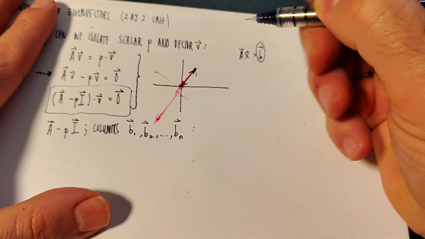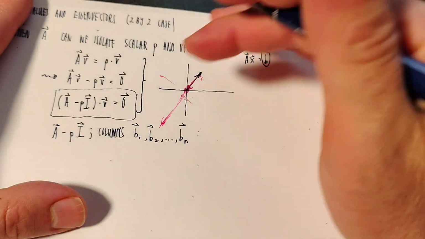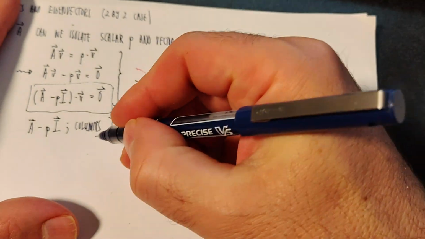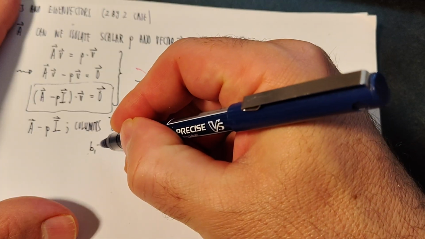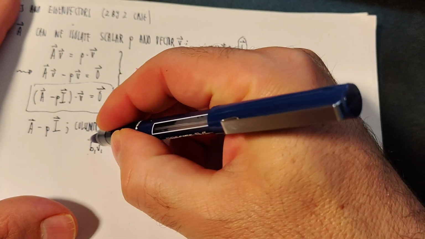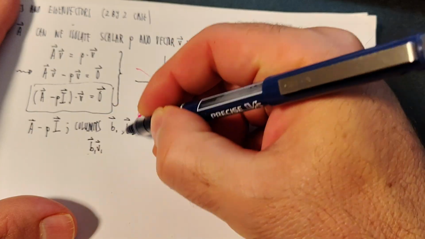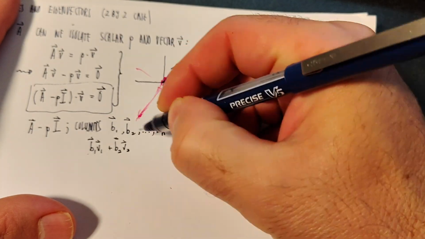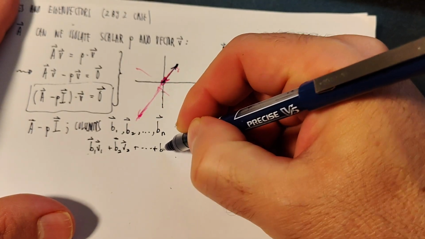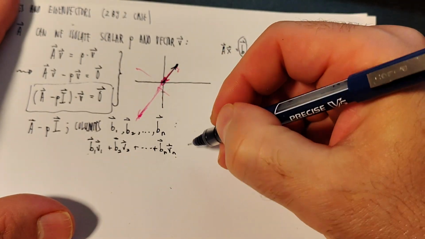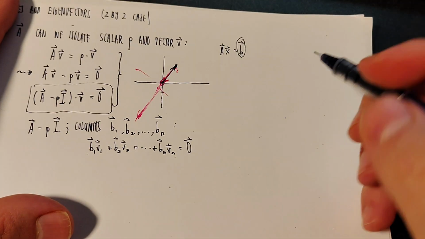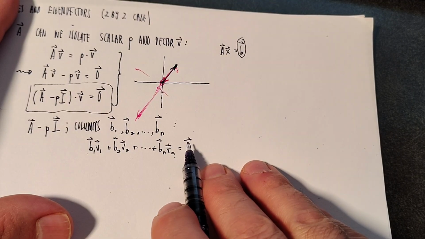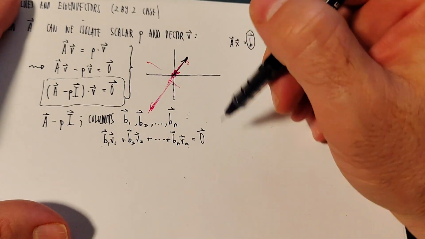In this case it's a 2 by 2, so this will just be B1 and B2. What we're saying is that it must be the case that B1 times eigenvector 1, plus B2 times eigenvector 2, plus ... Bn times eigenvector n, are all going to be equal to the 0 vector here.